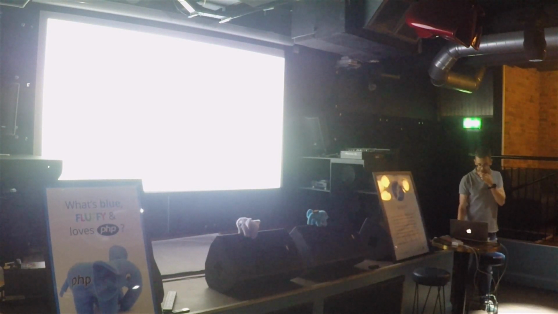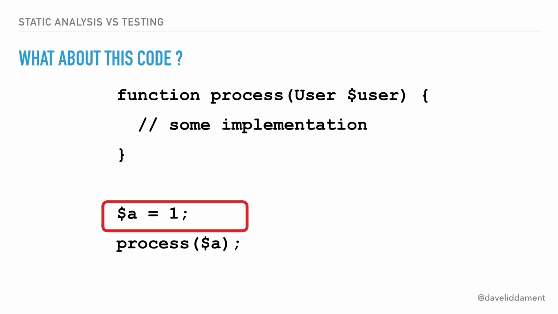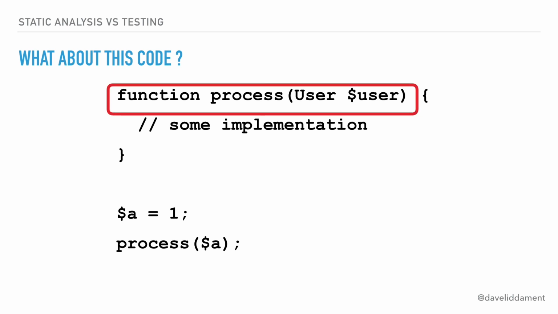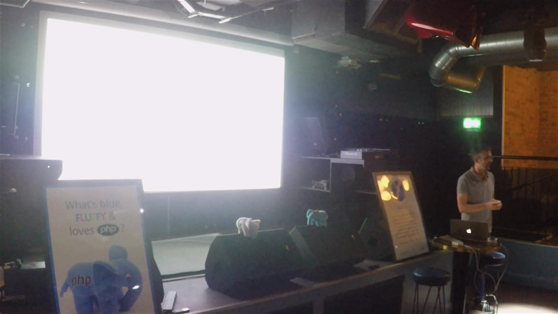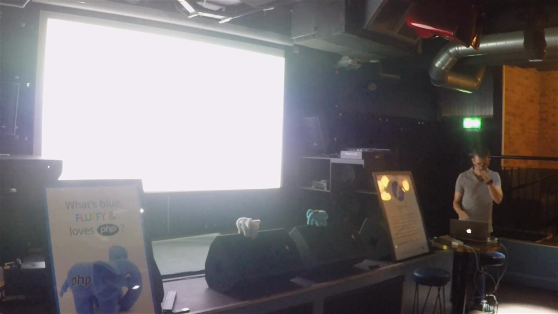Okay, a few people saying no, so let's do the analysis again. Same as before, we start off with A being assigned the integer value 1. We call process, but we look at process, and process is expecting to be given something which is of type user, and integer 1 is not of type user.